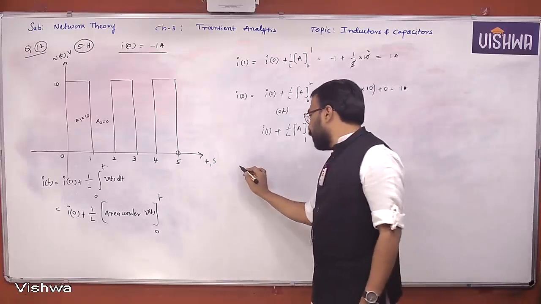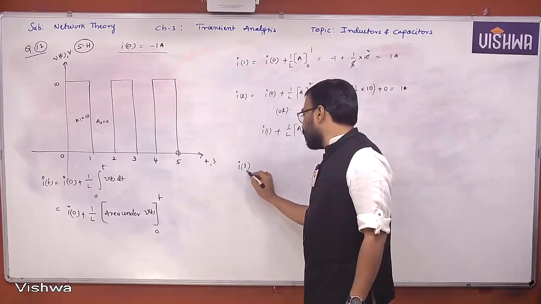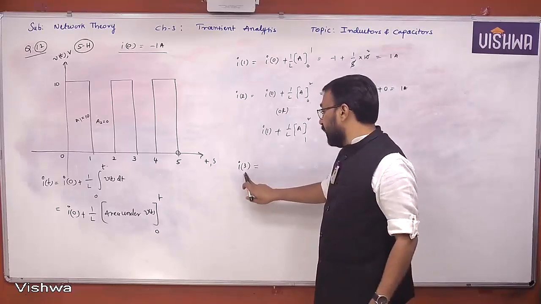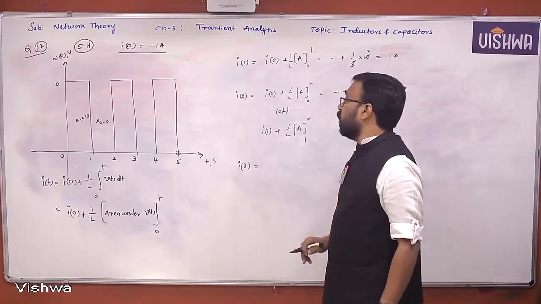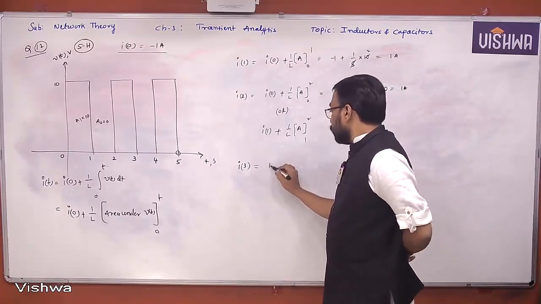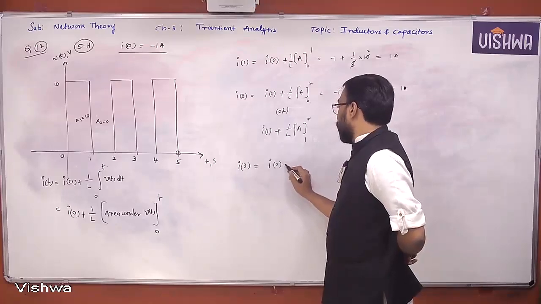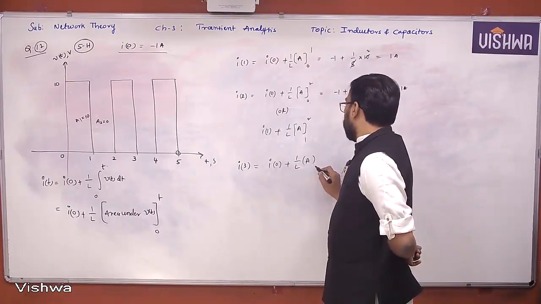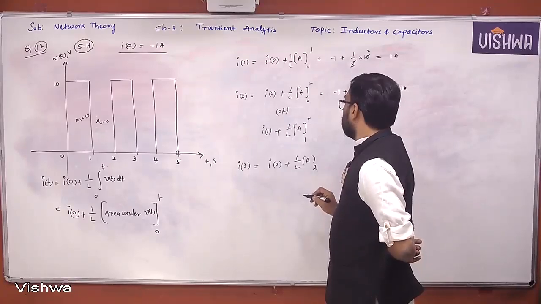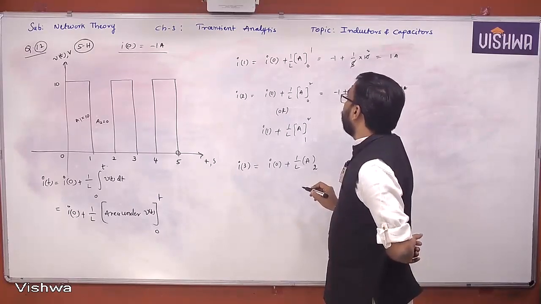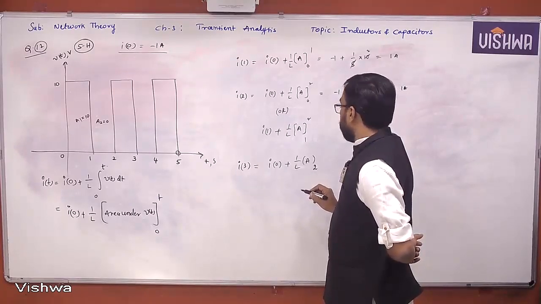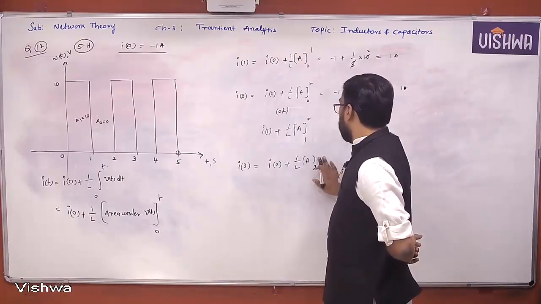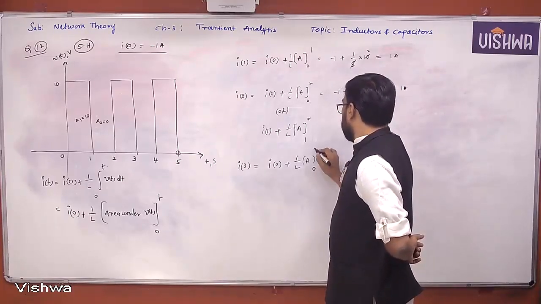Now I of 3 I would like to find, that means the total current that passed through the inductor at t equal to 3 seconds. Now what is that value? Again I can write I of 0 plus 1 by L. How much is it? 3, right? 2 to 3 or 0 to 3? 0 to 3, right?